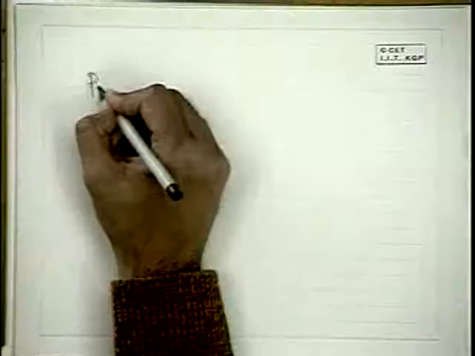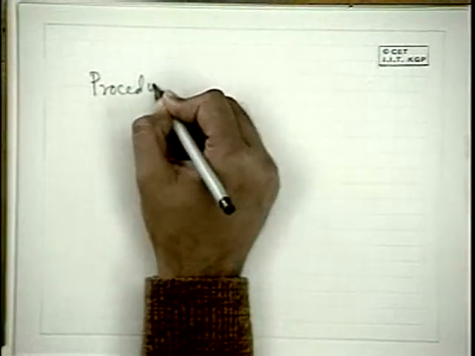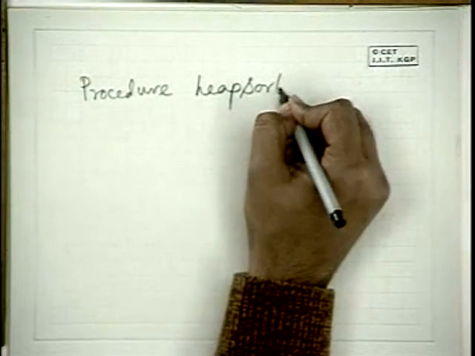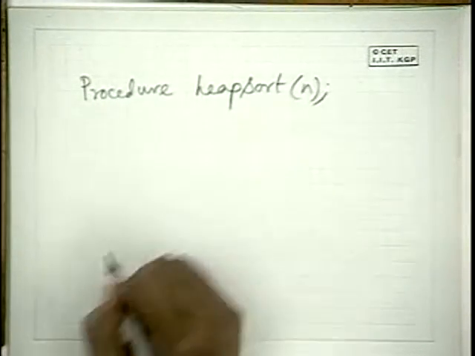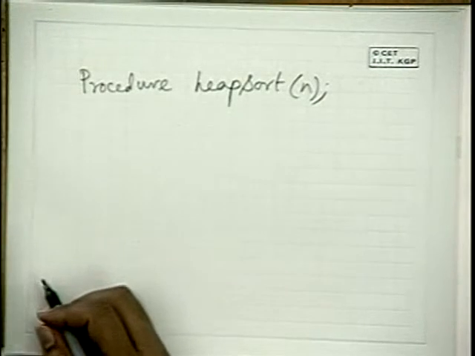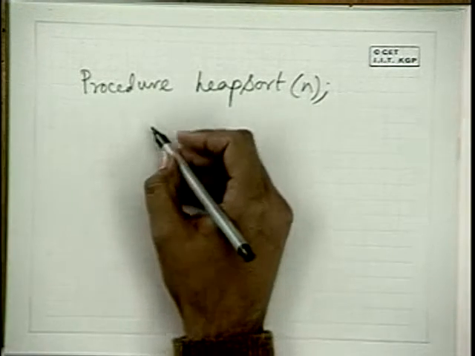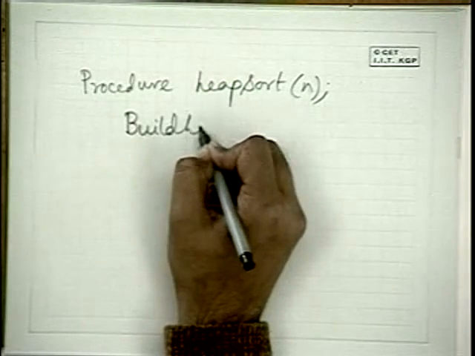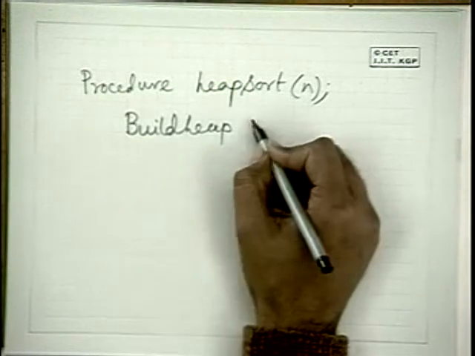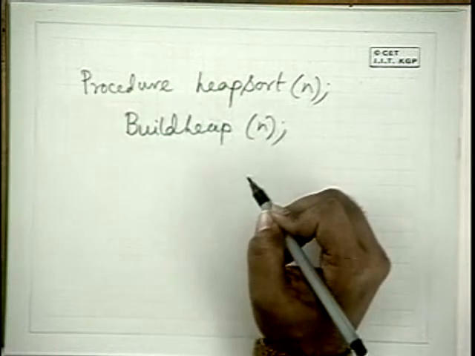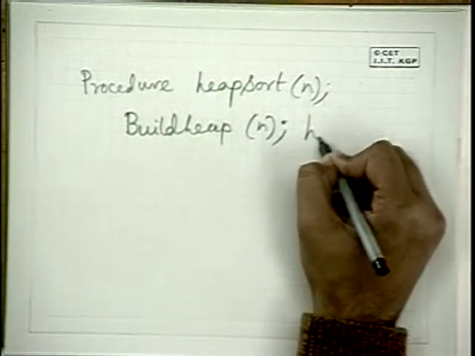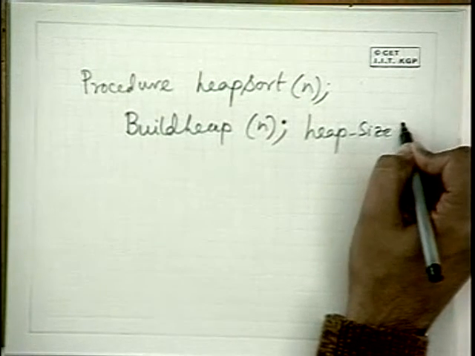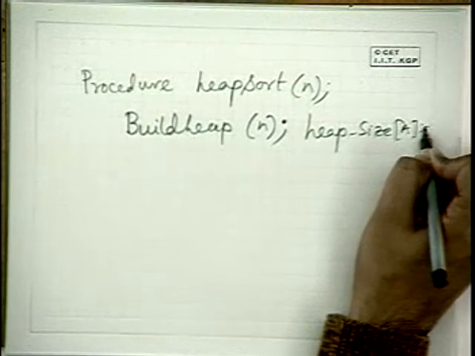So this is the procedure heap sort A, n. So first, what do you have to do? Build heap. You have to call build heap A, n, and you have to put the heap size. What is the heap size of A? It is n.